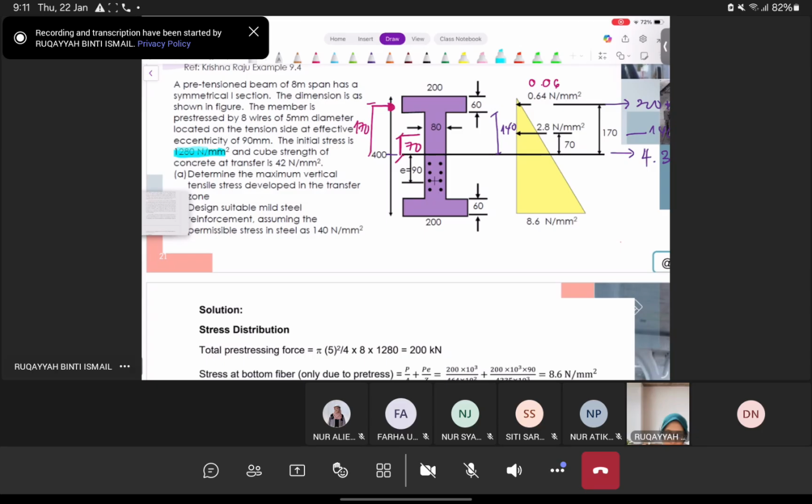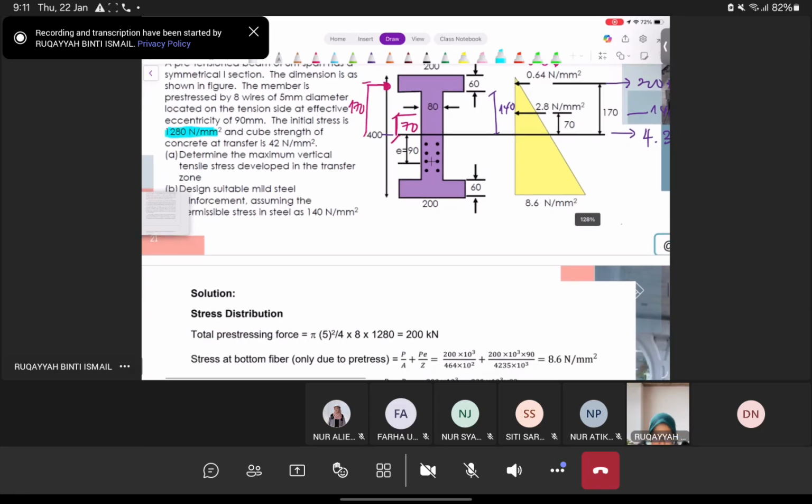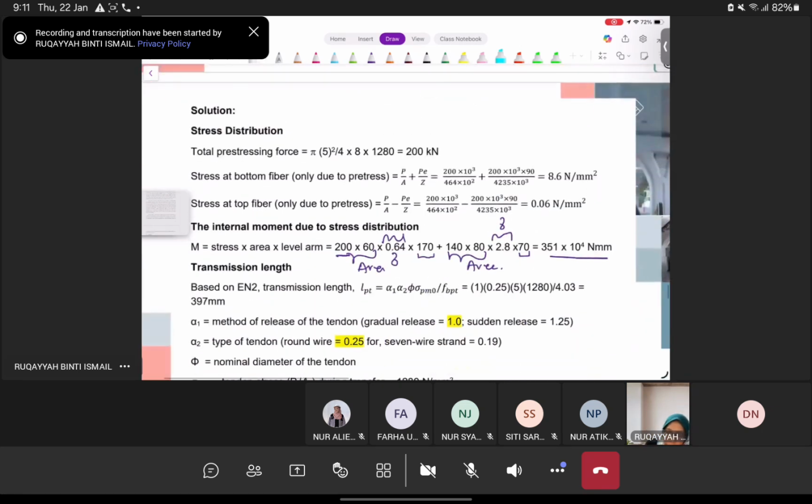From the stress, when you multiply with the area, where the diameter is given, which is 5, you can calculate the total area, where the number is 8. So multiply the area with 8, then multiply with the stress, and you will get the force. This will be the initial pre-stressing force, because what is given to you is the initial stress.